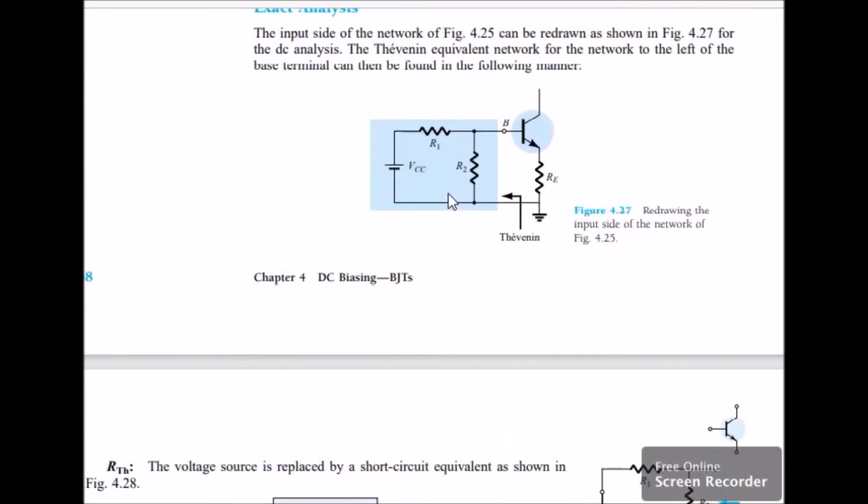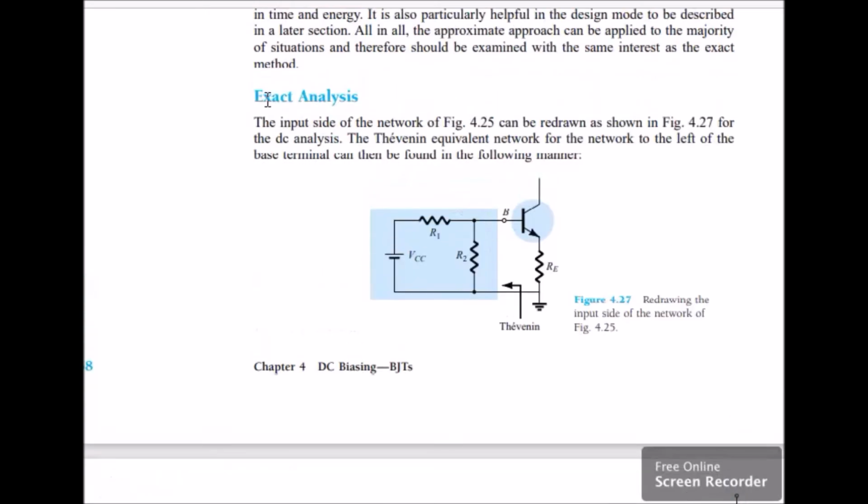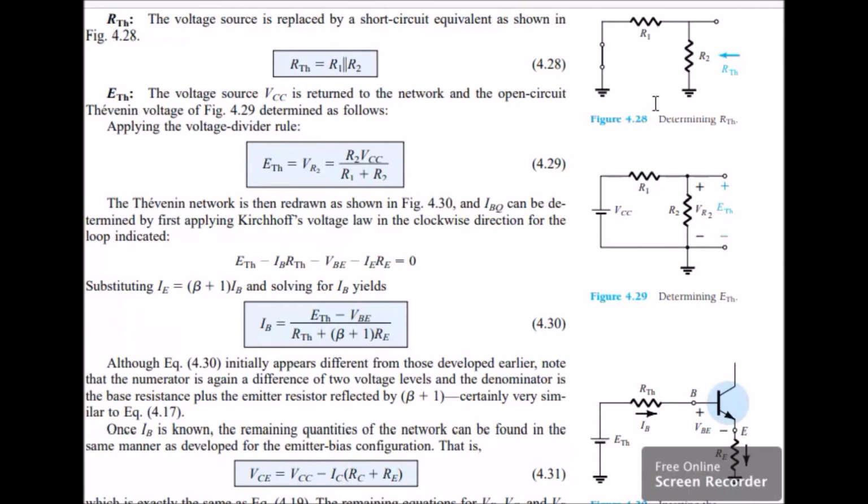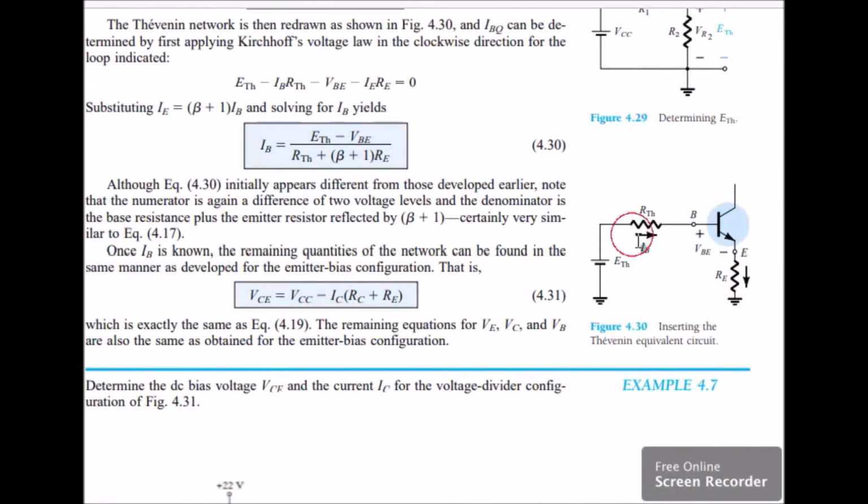Kasi, ang problem dito, pag nag-loop ka dito, mas complicated siya because yung IB natin, take note, is hindi itong current that flows through our R1 or R2, kundi itong andito, pinaka-IB natin. So, medyo mas mahihirapan ka na because there are a lot of currents na involved na. So, sa exact analysis, ang approach niya is to replace this one with our Thevenin equivalent circuit, which is this one, and then you proceed with the normal na nating solution.